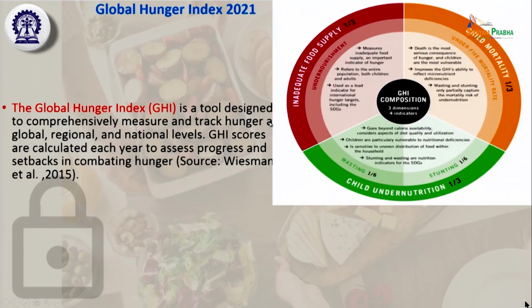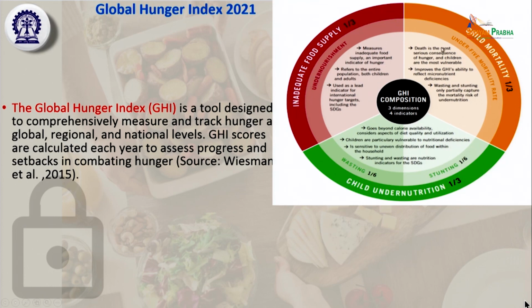What are the compositions of the Global Hunger Index? These are child mortality rate, child undernutrition, and inadequate food supply. These are the primary domains. Then child mortality under the age of 5, child undernutrition, and undernourishment.